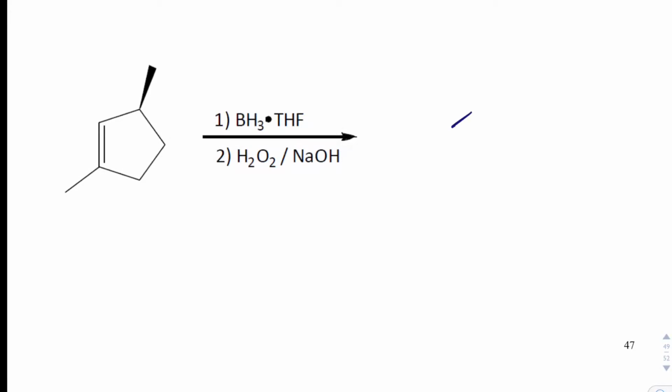Here's why. We are going to add an OH group to the least substituted, and I'll just make it a wedge. And then here we must have a wedge H group because it's syn addition, leaving this to be a dashed methyl. But what is also going on is this guy is never reacting.